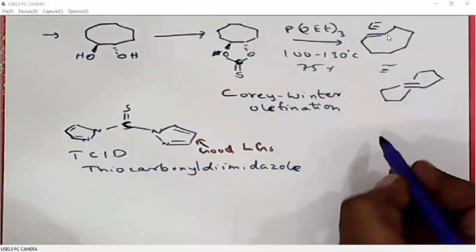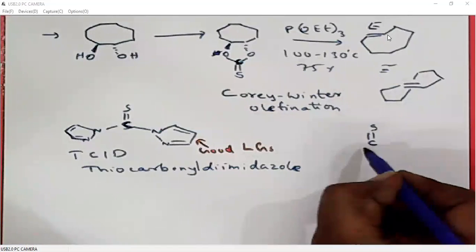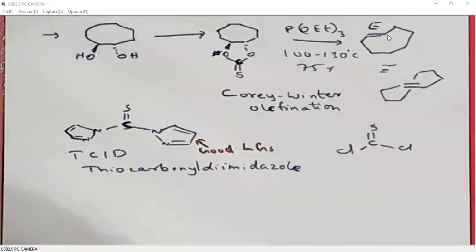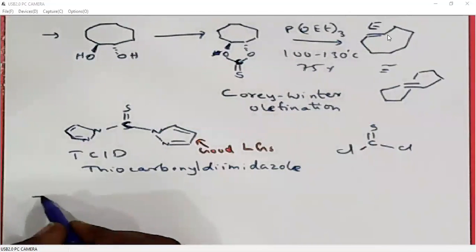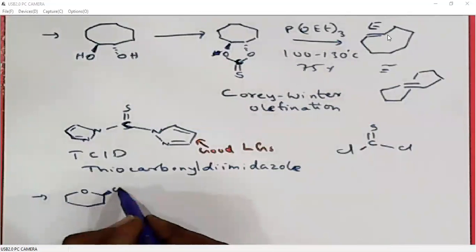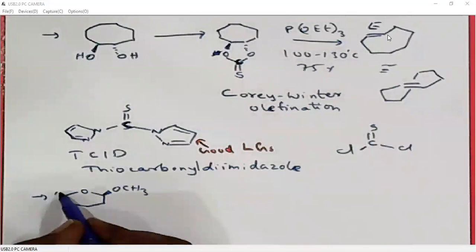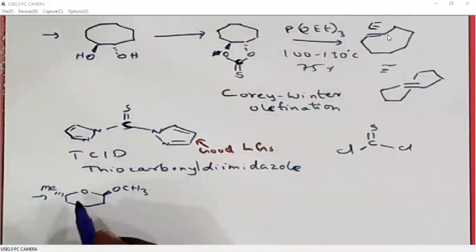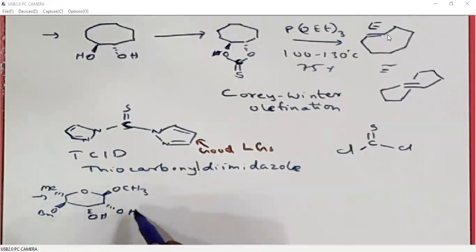Not only this, we can also use this reagent. In this molecule, we have a 1,2-diol.